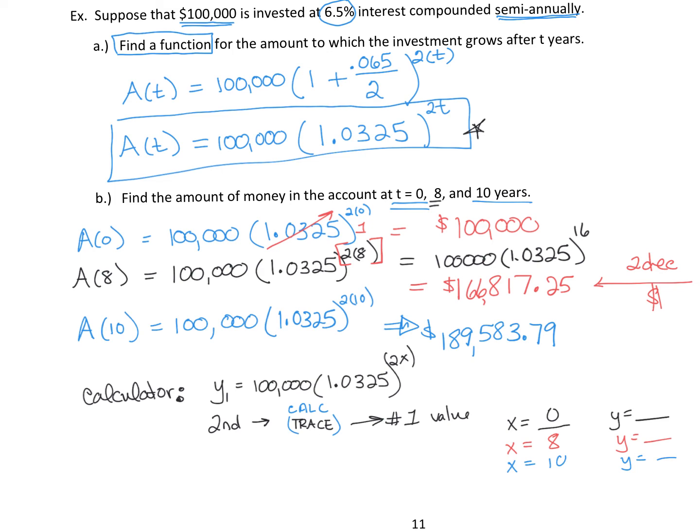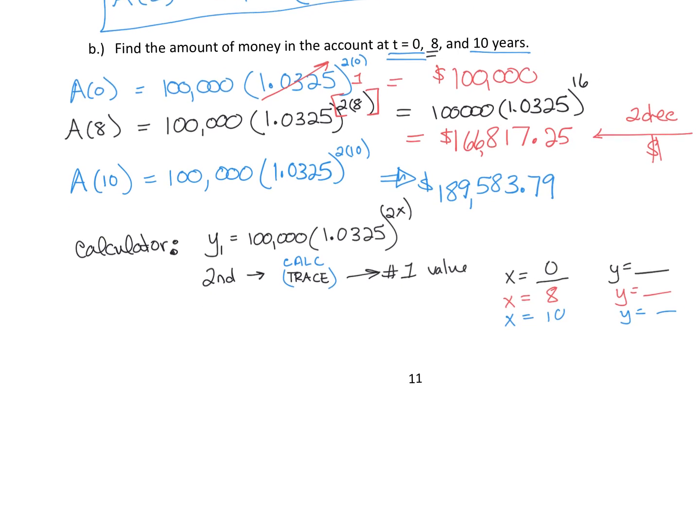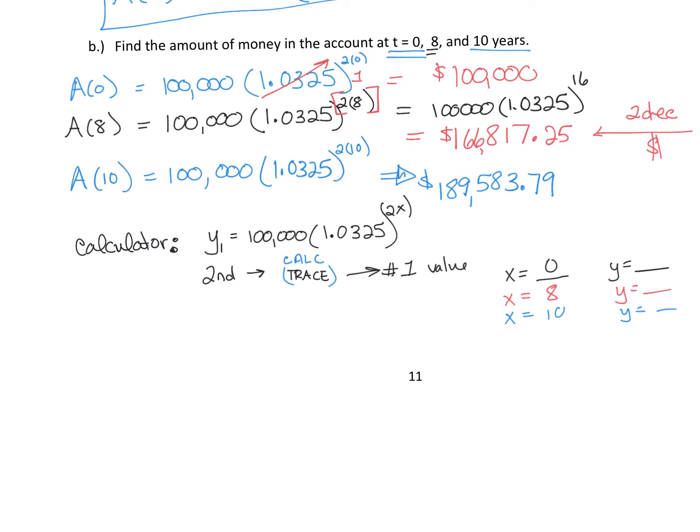So that's one option. The other option on your calculator is to just type in the main screen $100,000, 1.0325, and the first time you plug in a 0 and we will get our value.